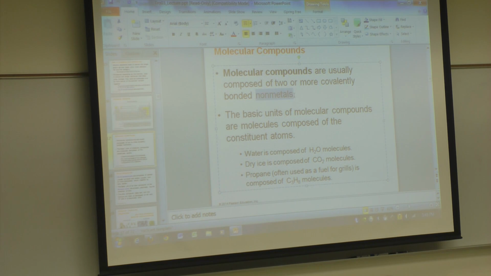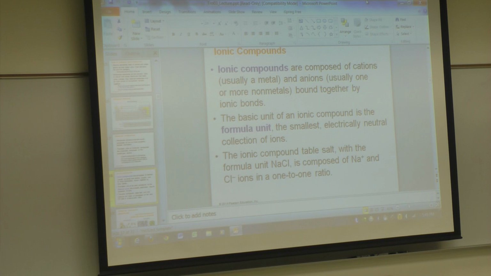So make sure you have it dialed in that molecular compounds are nonmetals whose molecules compose the constituent atoms. Carbon dioxide or dry ice has 1 carbon, 2 oxygen. Propane, or the gas used in the grill, C3H8.